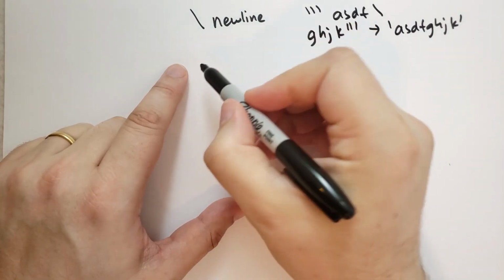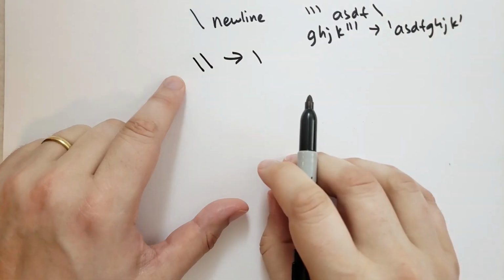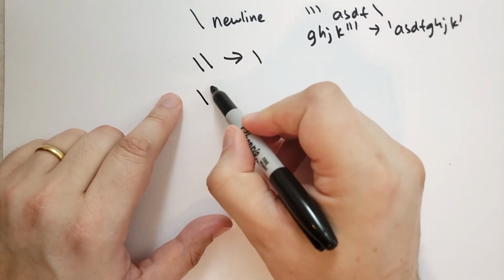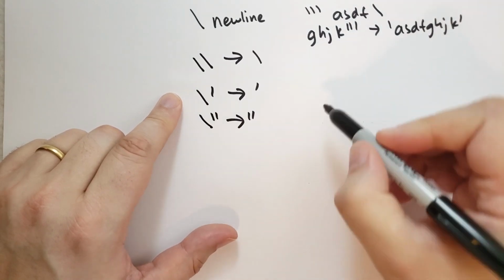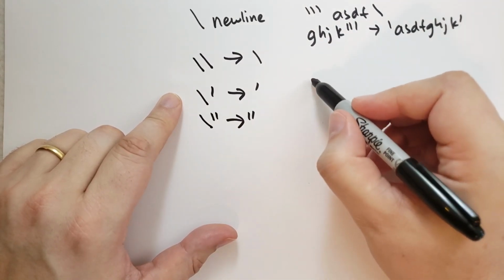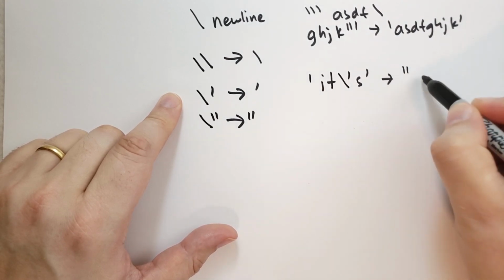If we want to include the backslash, we use double backslash. That interprets to a single backslash. We can also escape single quotes and double quotes. This allows us to include quotes in strings.